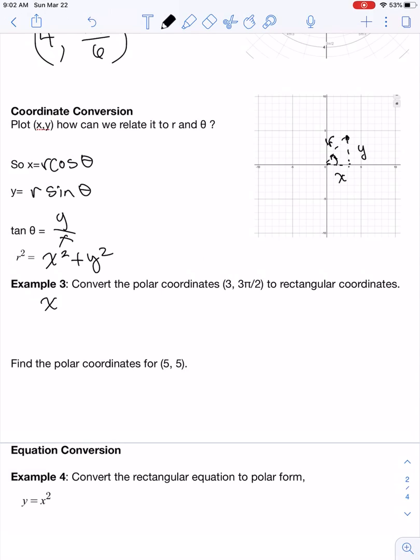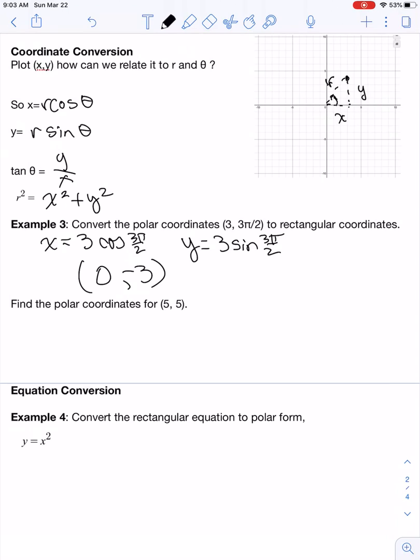So x is 3 cosine 3 pi over 2, and y is 3 sine 3 pi over 2. The cosine of 3 pi over 2 is 0, and the sine of 3 pi over 2 is negative 1. So 0, negative 3 is the x, y coordinate.